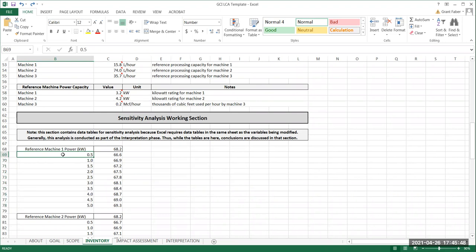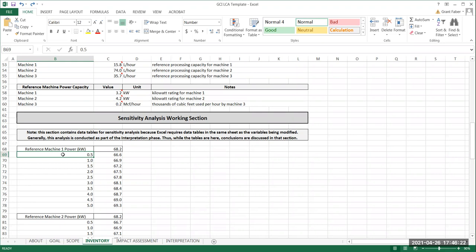So do note that this is something you may need to come back to after you finish the impact assessment worksheet and that analysis, and you may need to run these. It's not necessarily the kind of template where you'll work linearly throughout it. You'll need to revisit things and go back and forth, which in all honesty represents the process of LCA, where the interpretation phase is iterative and you're thinking throughout the whole study about whether you need to go back and reassess something.